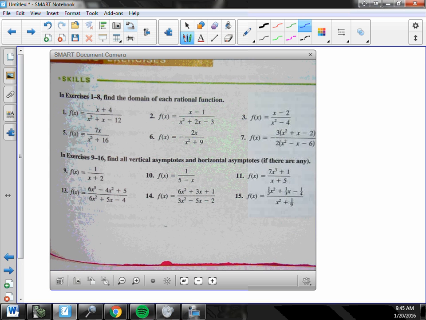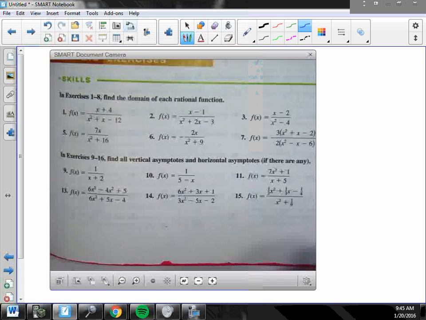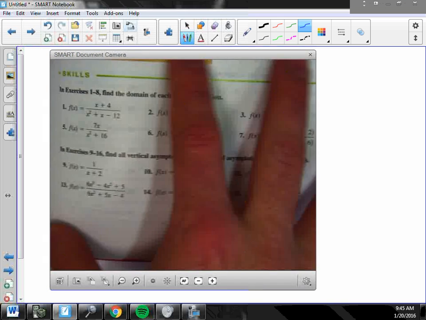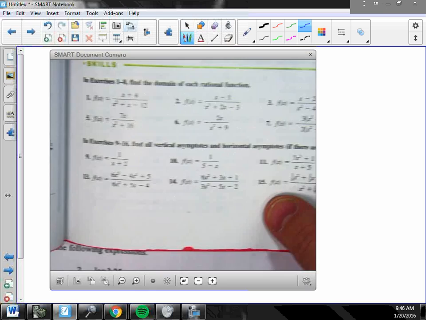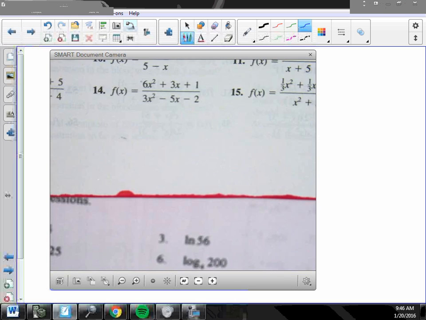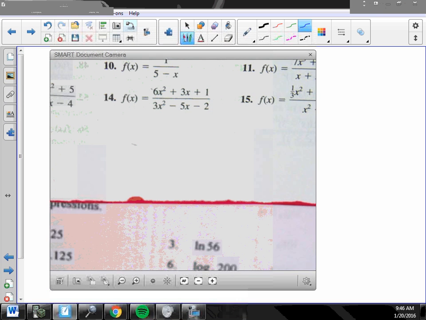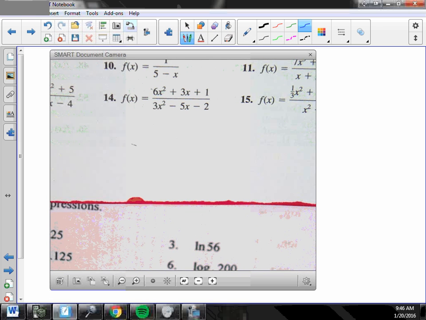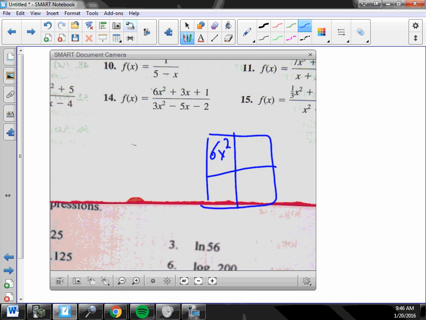So look at, let's do number 13. Well, actually, you have answers to 13. Let's do 14. Okay. Let's factor it to figure out where the roots, what the discontinuities in the bottom are. So I recommend using the box. 6x squared and 1.